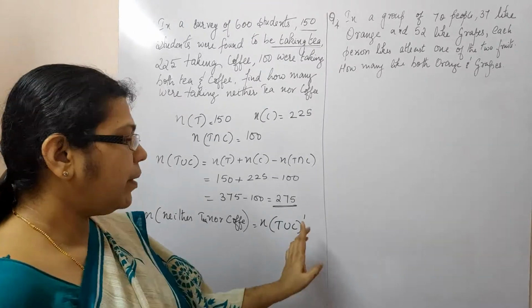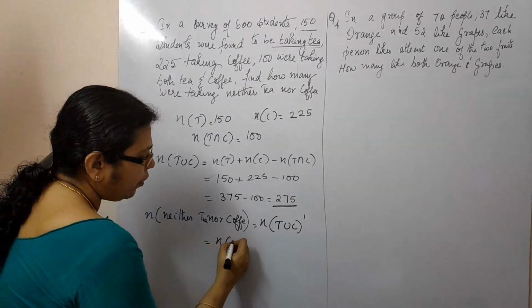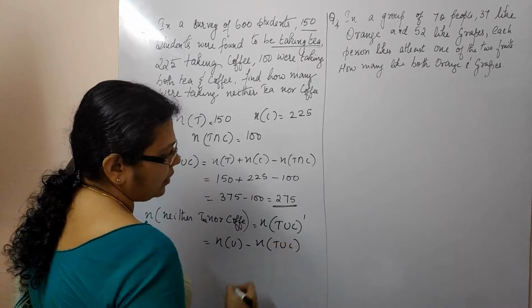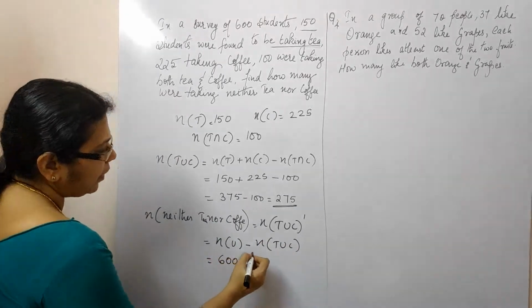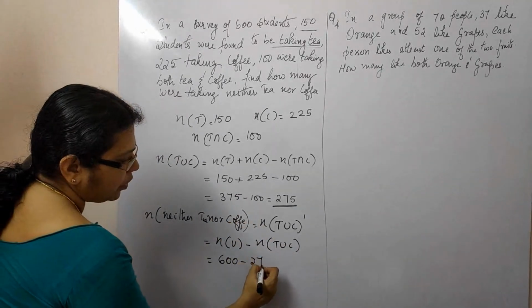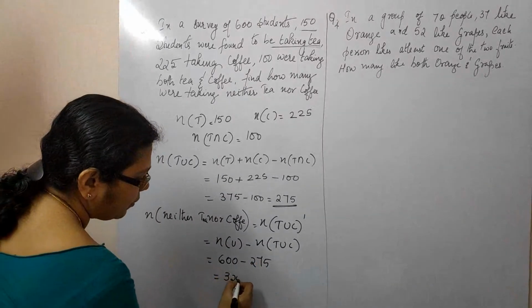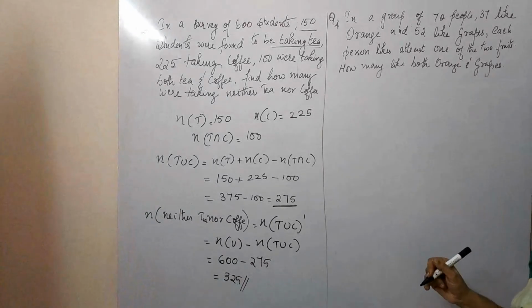Okay, the complement of those who take. That is N of U minus N of T union C. Right? N of U means what? 600. Minus N of T union C means what? 275. Right? That gives you 325. Am I clear? Okay. Now see the next question.